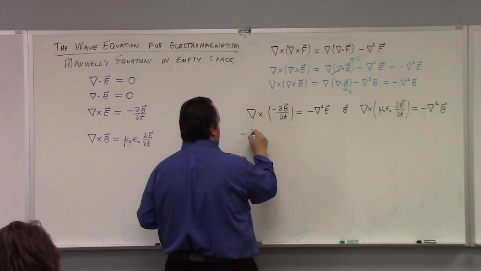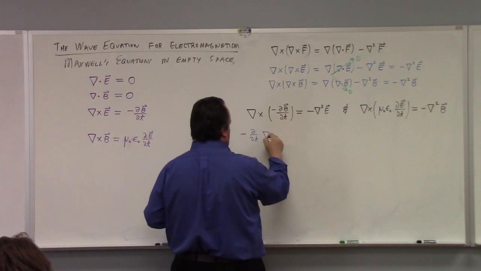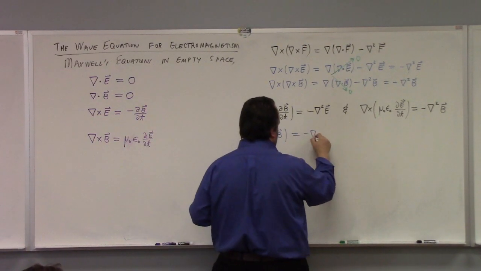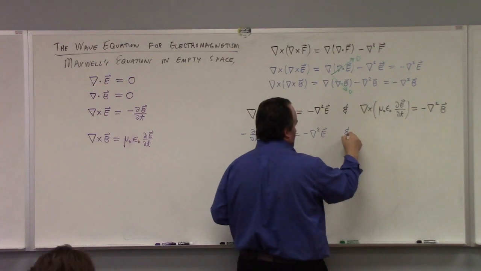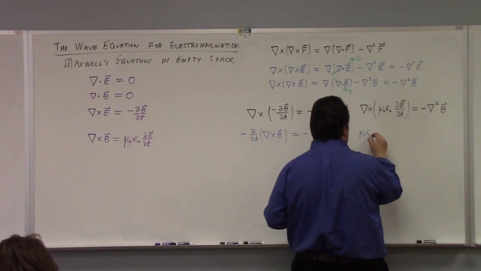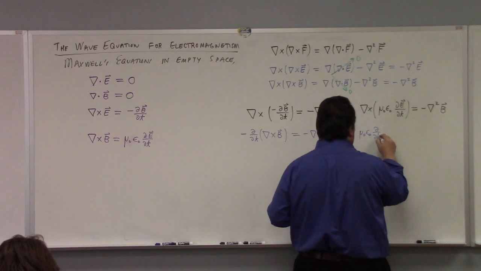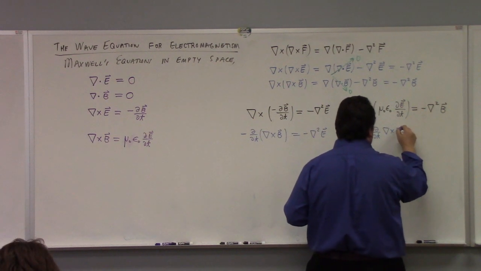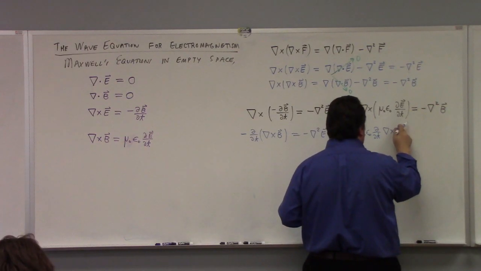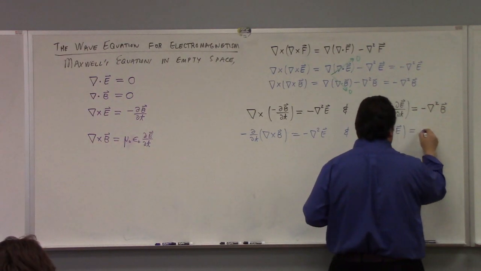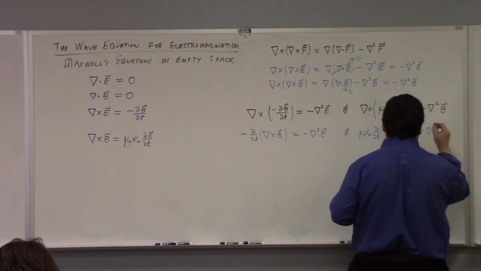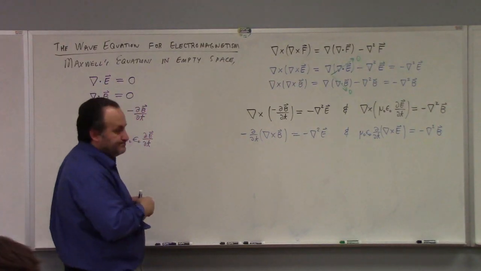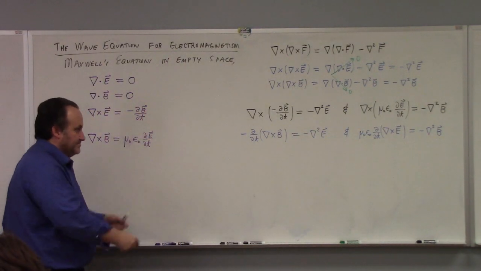Minus partial t of the curl of B is equal to minus nabla squared E, and mu naught epsilon naught partial t, I'm commuting the time derivative with the curl of E over here, equals minus nabla squared B. But then what?